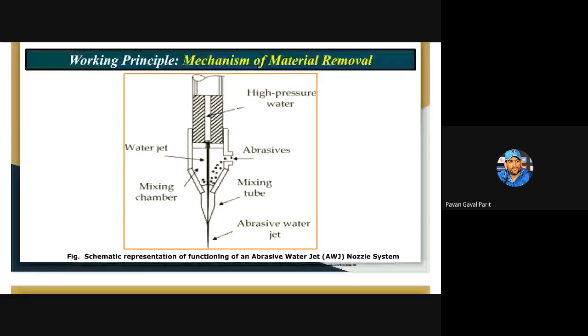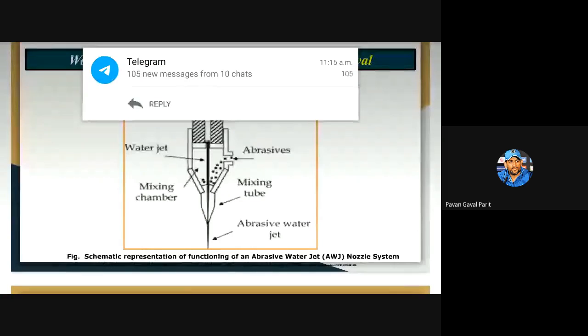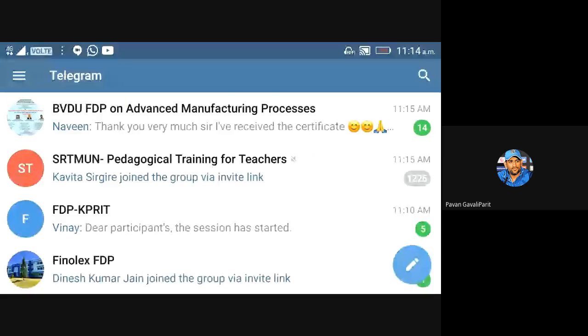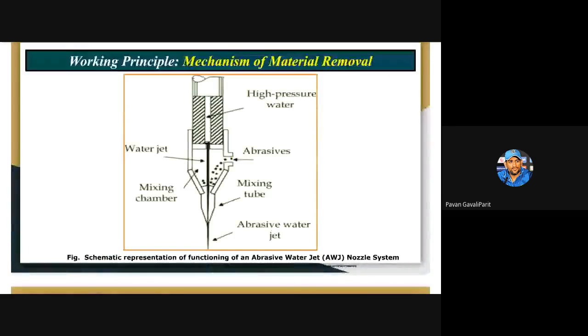So once again I will repeat. Mixing of high pressure water and the stream of abrasive will take place in the mixing chamber, mixing tube, as we can see in the diagram also.